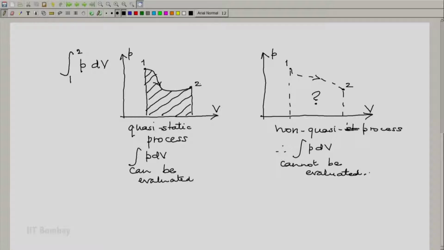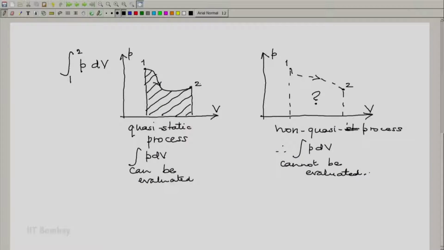This does not mean that expansion work does not exist. The system may do some expansion work, however, we cannot evaluate that expansion work as an integral. So, what we remember from here is that if the process is quasi-static, then the related work interaction can be evaluated as an integral. If the process is non-quasi-static, then we cannot evaluate the work interaction as an integral.